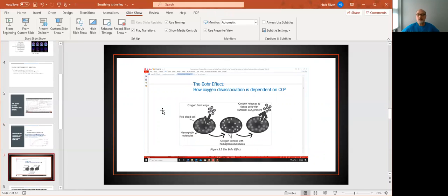So where does the CO2 come from? Of course, it comes from our muscle activity. We're pouring carbon dioxide into our blood, and this is where the magic occurs.